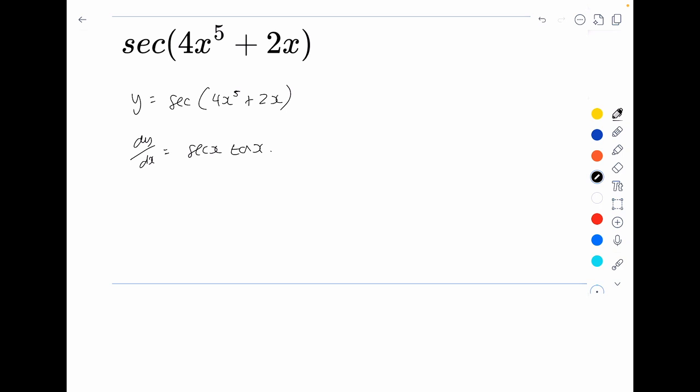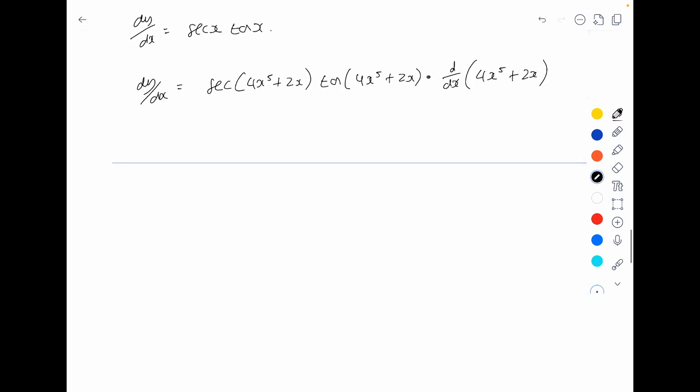Which means that in this example, dy by dx, we're going to have sec 4x to the 5 plus 2x tan 4x to the 5 plus 2x times d dx of the inner function, which is 4x to the 5 plus 2x, okay?